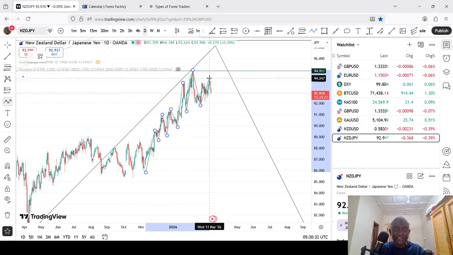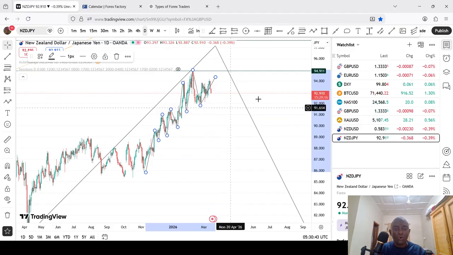So like this, and whatever it is, I'm just expecting confirmation to at least go down on this particular pair, or in case price still goes up, that is okay too. You just have to follow. Just don't decide for the market, wait for the market to decide.